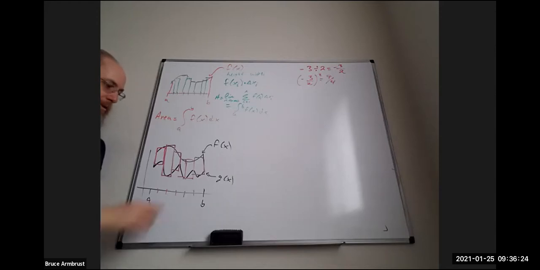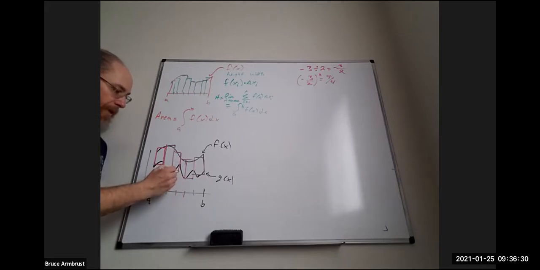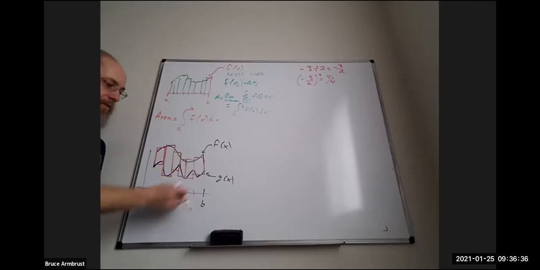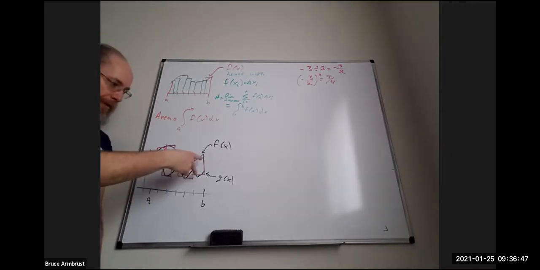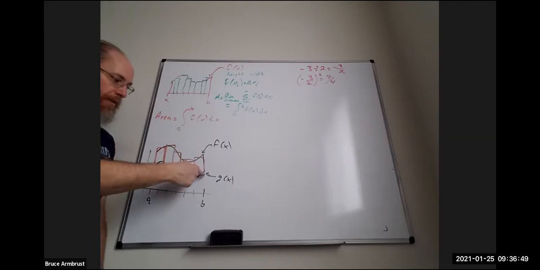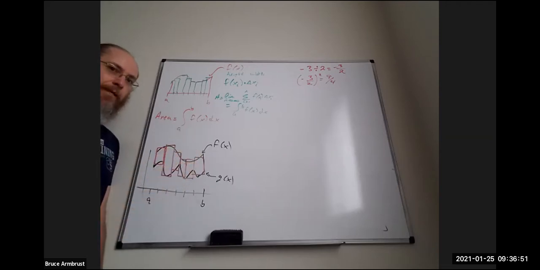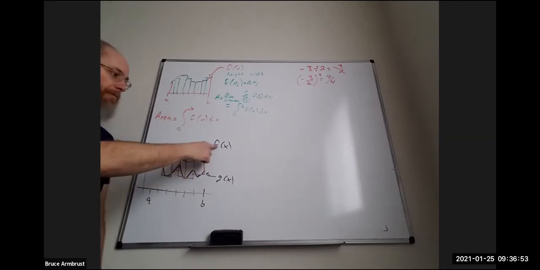Now notice first of all the difference with the rectangles that I used to approximate this. One big difference is they don't go all the way down to the x-axis, because if I drop those rectangles all the way down, I'm going to get way more area than I want. Okay, well, think about how I get that height. I need to know where the top is versus the bottom. Well, the top is determined by f of x.